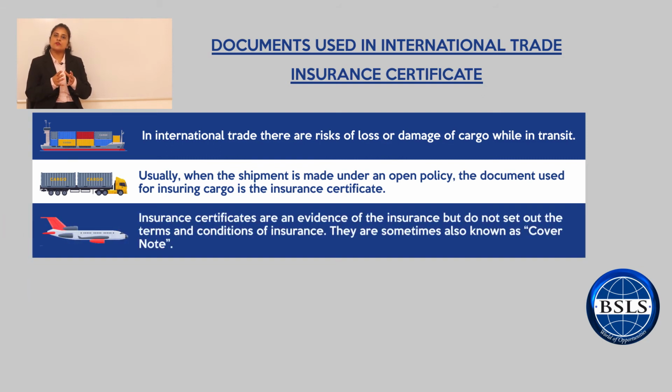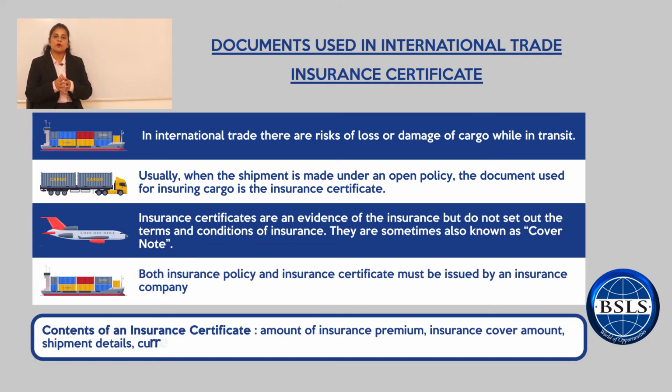Insurance certificates do not carry the terms and conditions of the policy but only act as evidence. They are sometimes also called cover notes. Both the insurance policy and the insurance certificate are issued by an insurance agency, which is approached by the parties who are going to take the cover for the cargo.